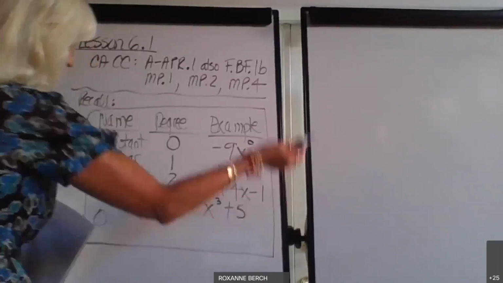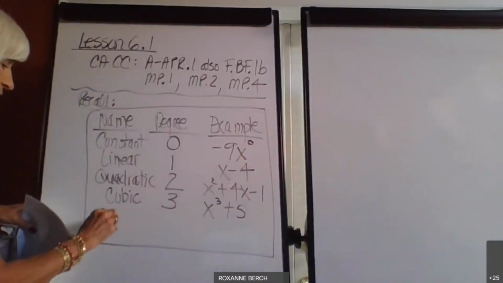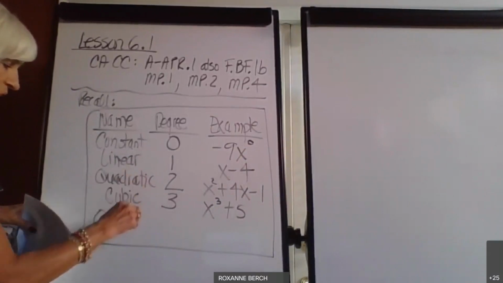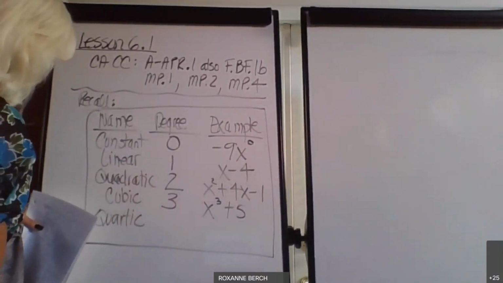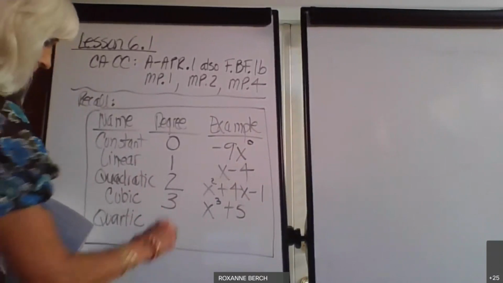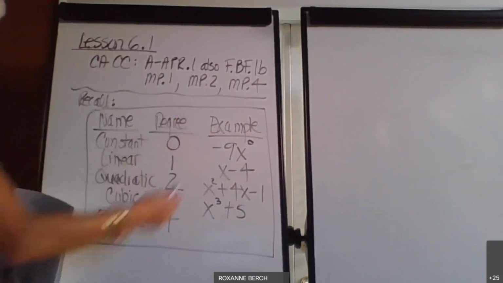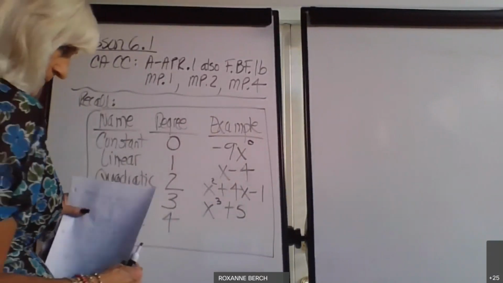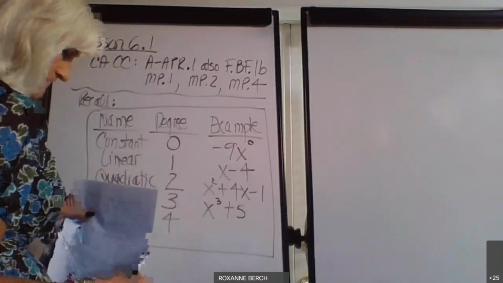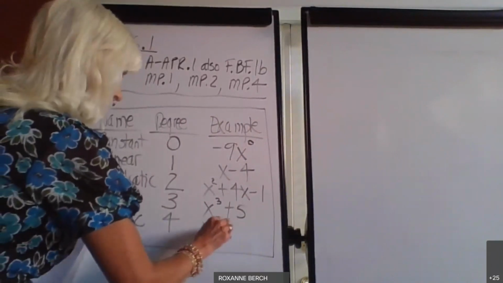Okay, perfect. The next one would be a quartic, right? And it keeps going on in this fashion. What would be the degree of a quartic? 4. What would be an example of a quartic? X to the power of 4 minus 2. Okay, perfect. And you can go on and on like this, right?